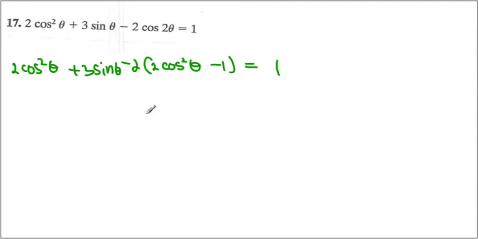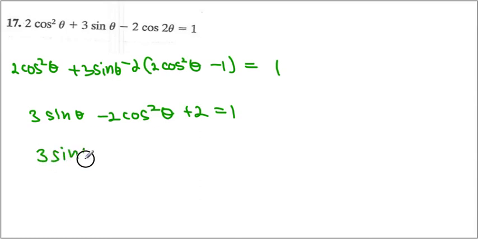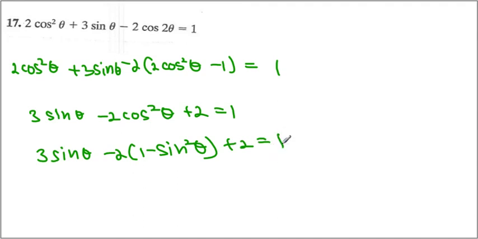If I rewrite this, we end up having 3 sine theta minus 2 cosine squared theta, because I have minus 4 while this one is 2, and this becomes plus 2 equals 1. But once again, cosine squared theta is 1 minus sine squared theta. So what we like to do is 3 sine theta minus 2 times (1 minus sine squared theta) to make everything in terms of sine, plus 2 equals 1.